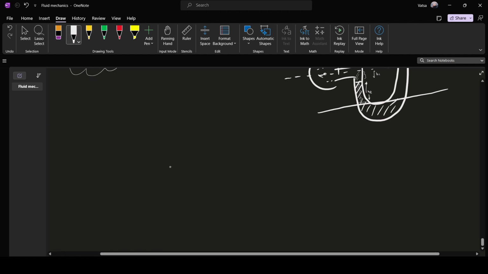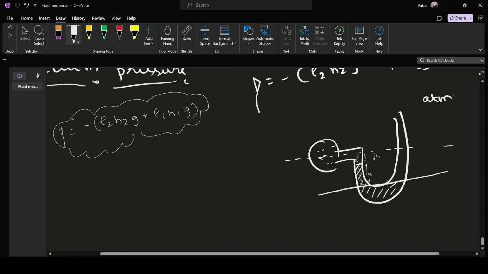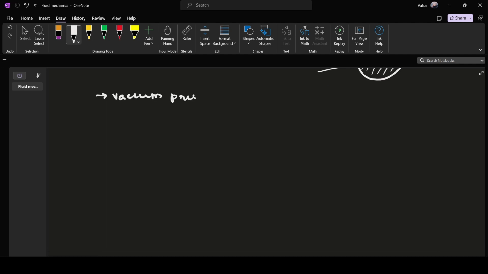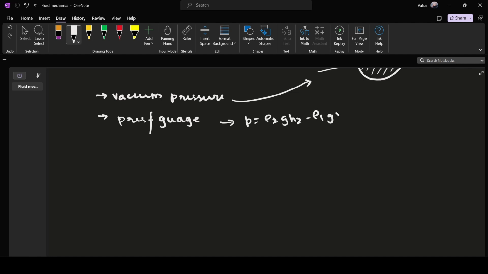Now let's proceed further. We just do everything the same, just the formula changes. When the question mentions vacuum pressure, you use this equation. When it just says pressure or gauge pressure, then use the other equation: P is equal to rho 2 G H2 minus rho 1 G H1.